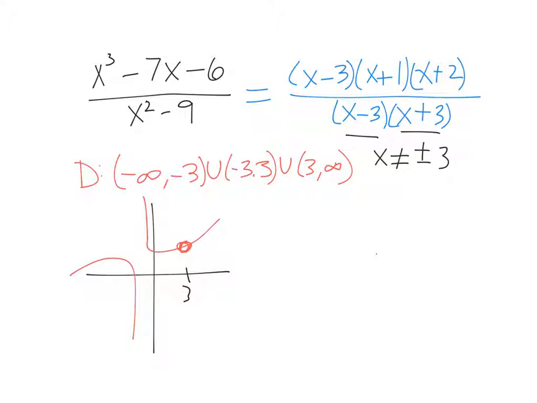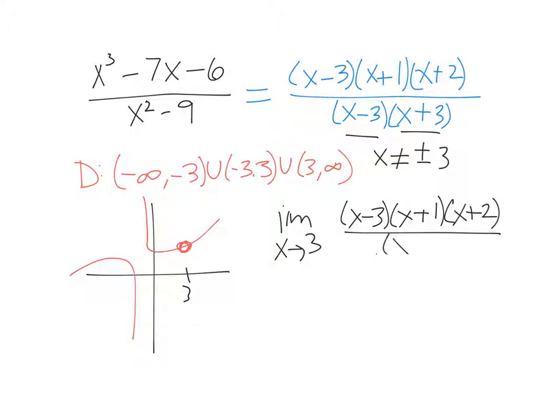So as we look at the limit as x approaches 3 of this original function, I look at the factored form and I realize, hopefully, that I have a common factor that I can remove. And when we remove that common factor, we're also removing that point of discontinuity.